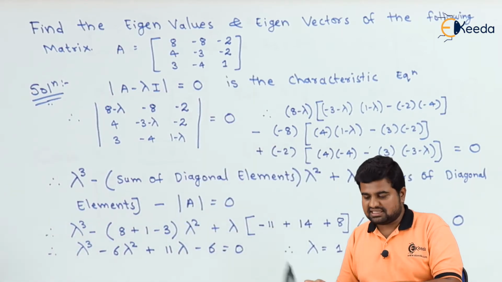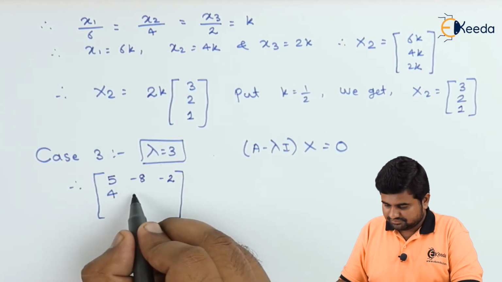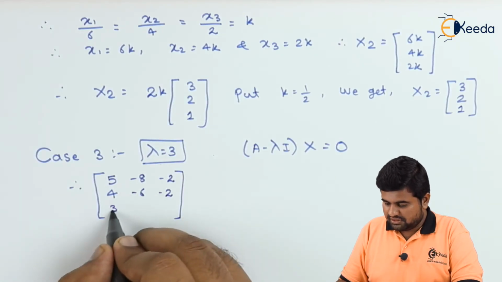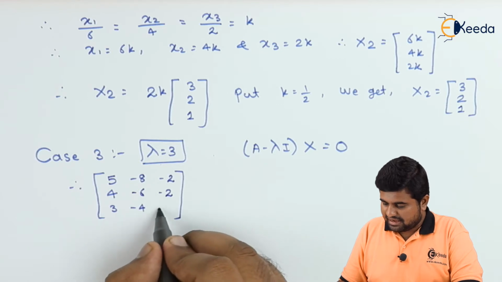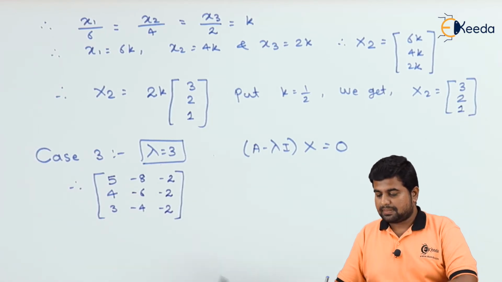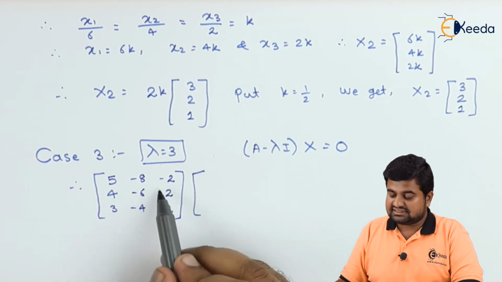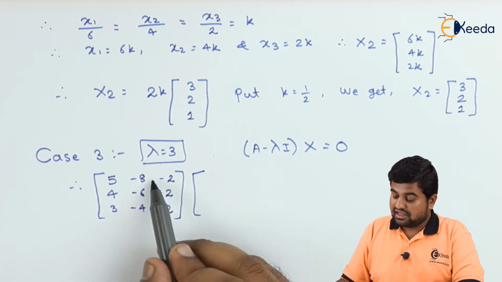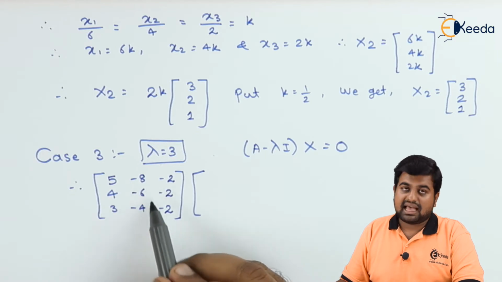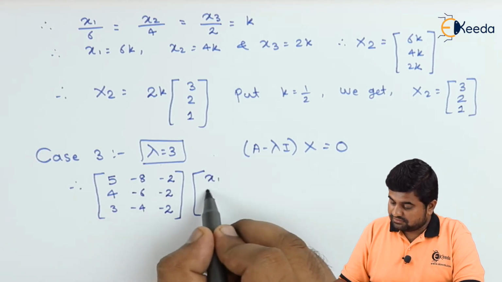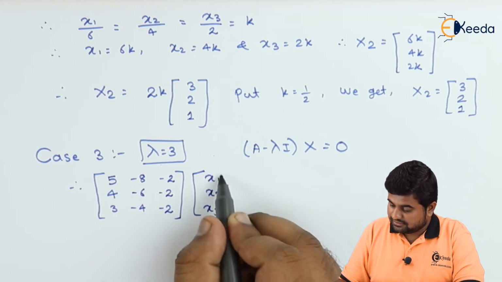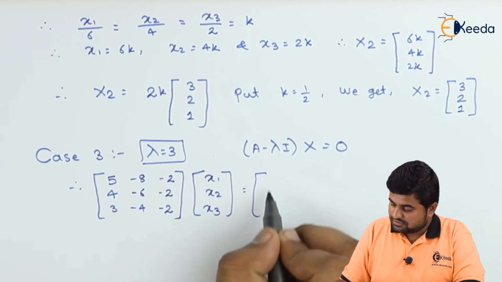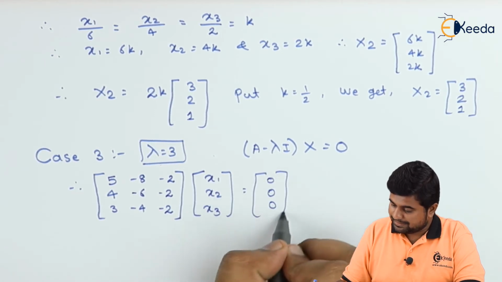So I am going to write the same. 3, minus 4 and minus 2. Now these three equations look distinct, that is they are not the same as each other. So x1, x2, x3 is equal to 0, 0, 0.